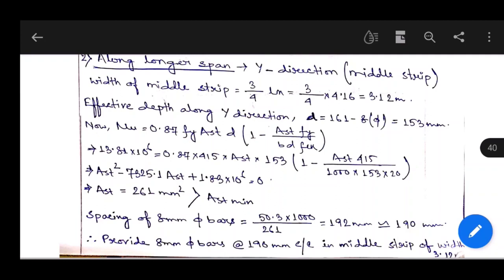So in this case also, 190 mm will definitely be the lesser value among the 3D and 300 mm, which are the spacing values. We have to consider the least value as earlier. So 190 mm will definitely be the least value. Therefore provide 8 mm dia bars at the rate of 190 mm center to center in the middle strip of width 3.12 meter.